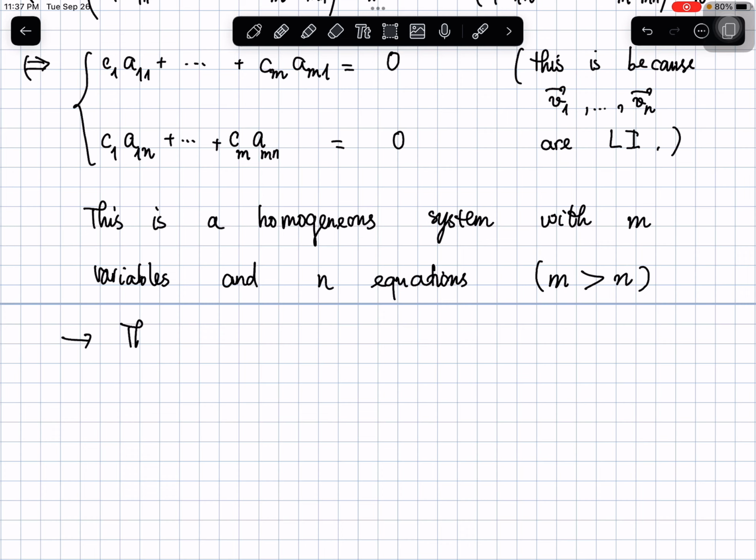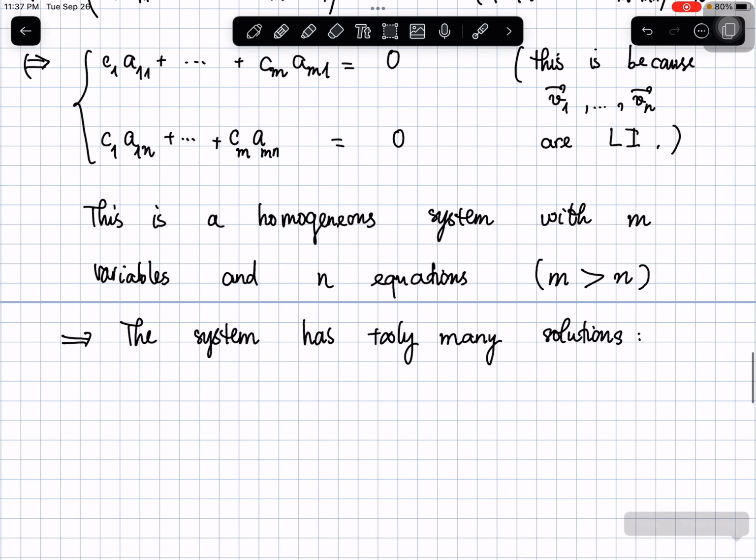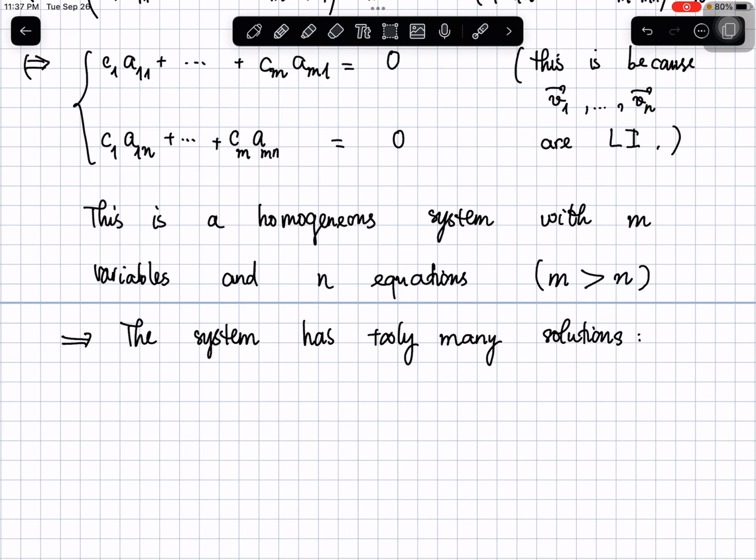The system has infinitely many solutions, right? What we just need is that this system has a non-trivial solution.